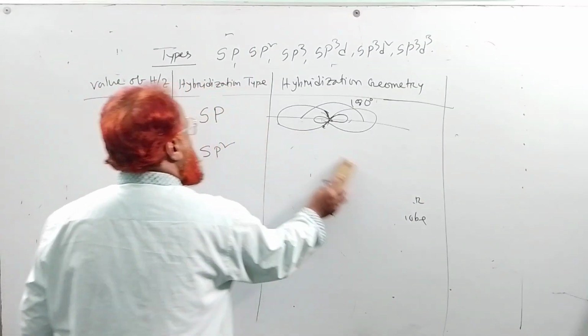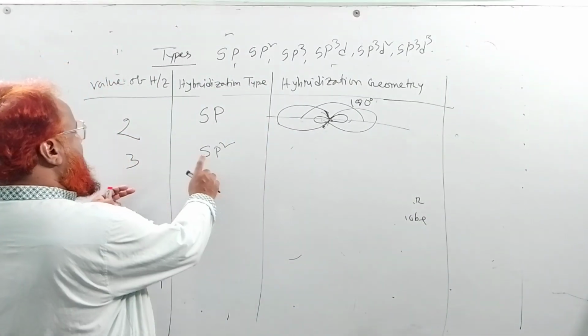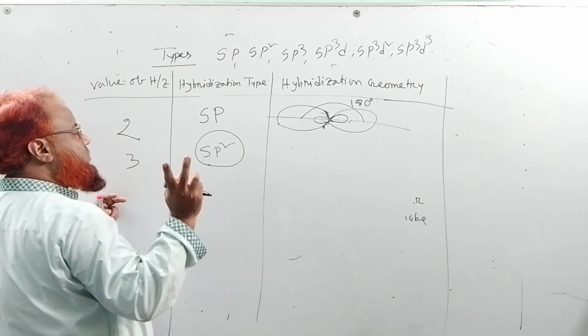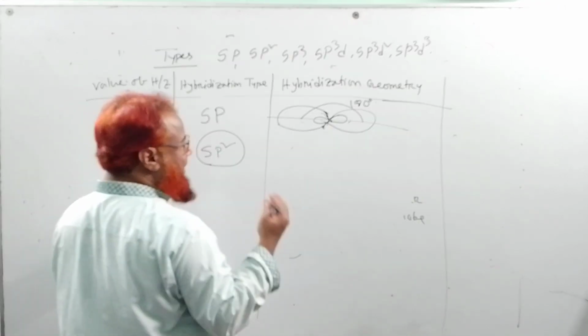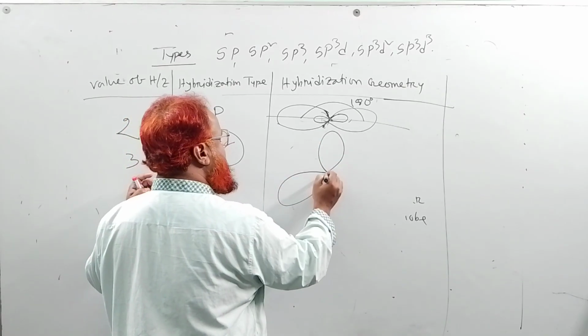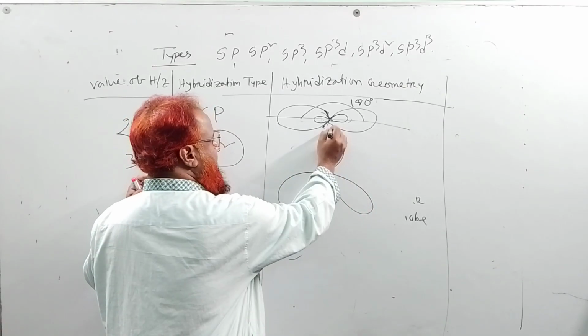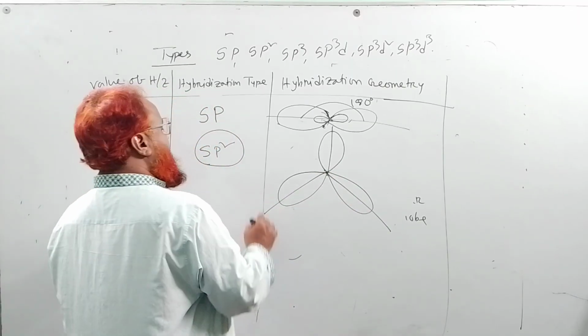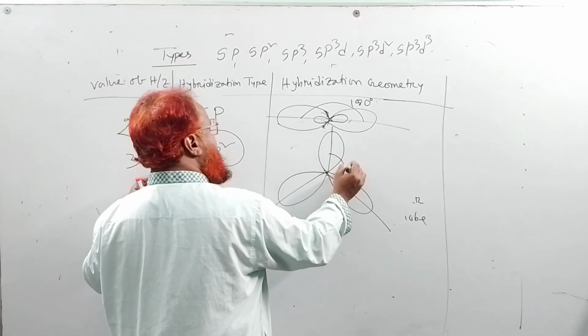Okay. For example, now sp2, 1s and 2p will make 3 hybrid orbitals. So, 1, 2 and 3, and they will be arranged like this, and their bond angle is 120 degree.